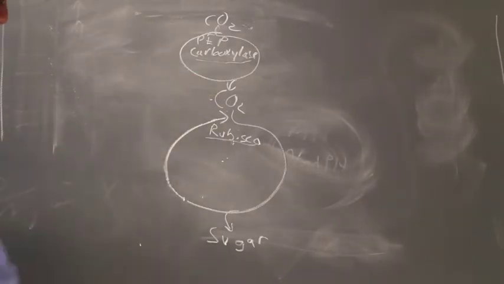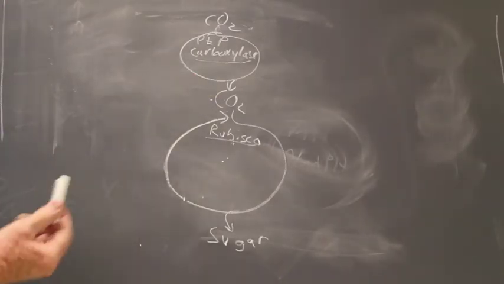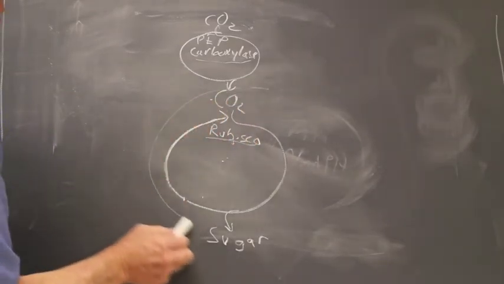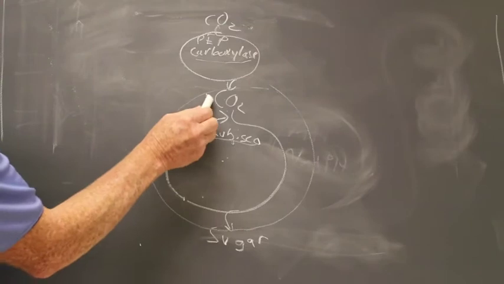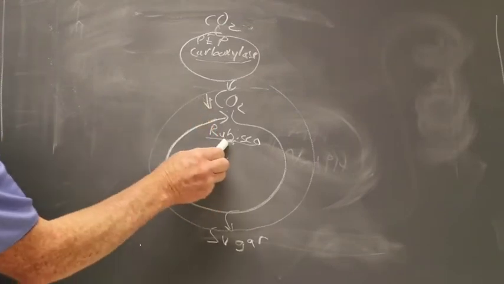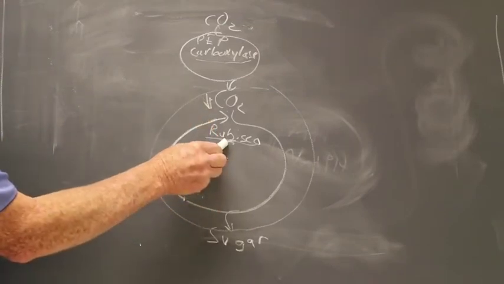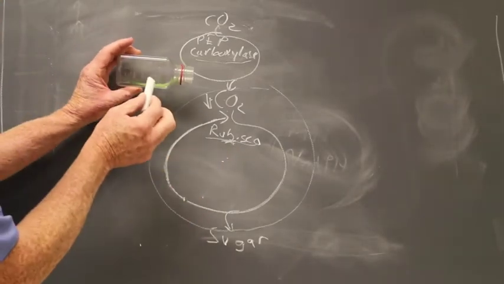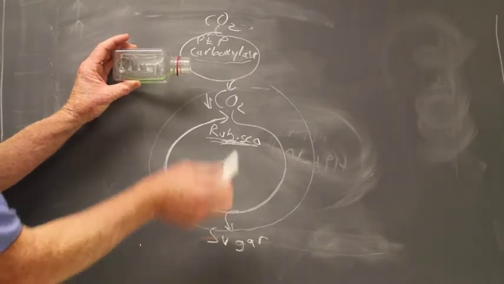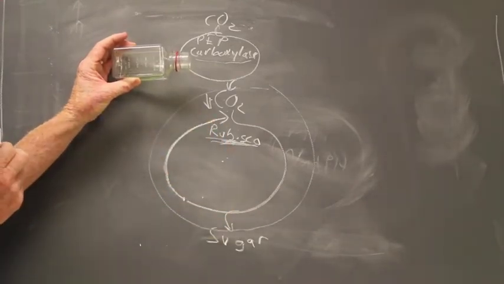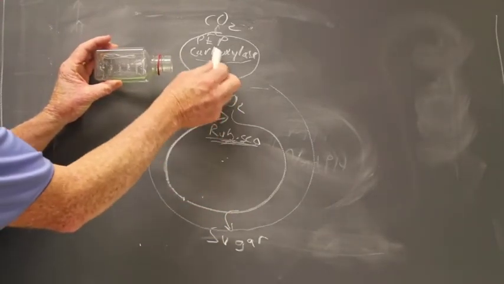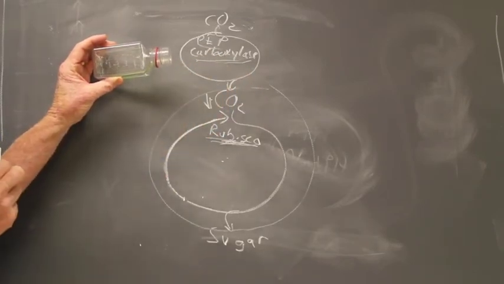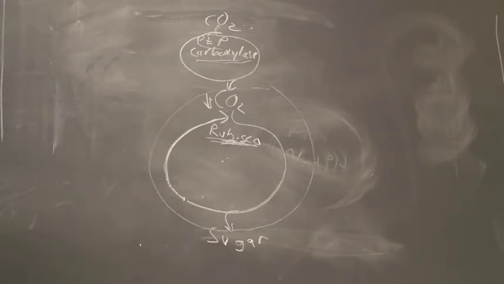If we're looking at a C3 plant that is only doing rubisco, as CO2 goes down in the chamber, rubisco is not as efficient, therefore photosynthesis is going to decrease. So in a C3 plant we're looking at the efficiency of rubisco in higher CO2 and lower CO2. For a C4 plant, we'll be looking at the efficiency of PEP carboxylase in high CO2 and low CO2 for this experiment.